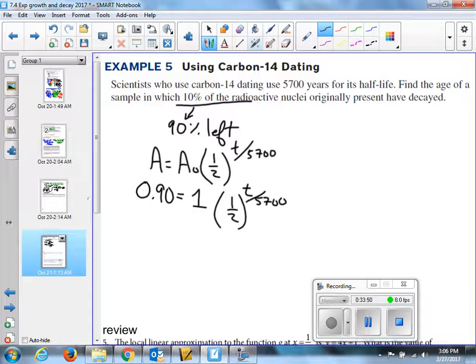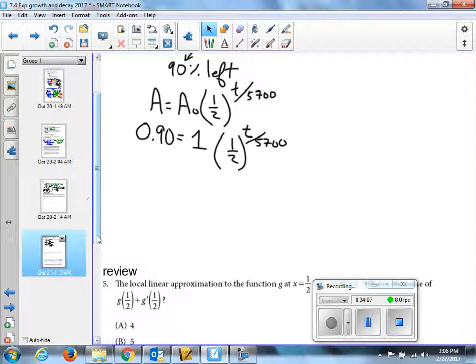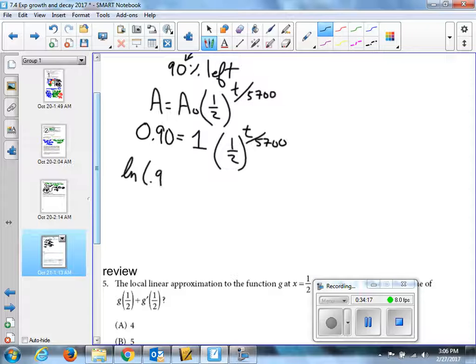Now, this is what we got set up here. How do you undo this? Logs. We're going to stick to the natural log always, because I don't have log base half on my calculator. Actually, I think you guys might know this. So I'm going to take the natural log of 0.90 to solve this.